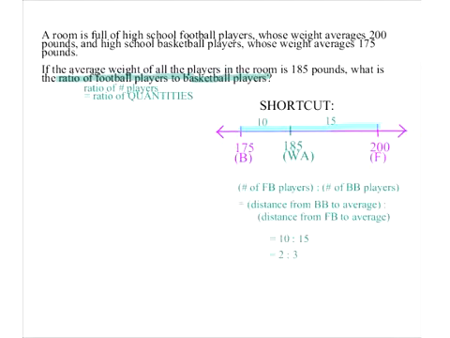We don't have to use any algebra. We don't have to define any variables. We don't have to do anything funky at all. Notice also that if you have an intuition-based approach, you can also just realize that there have to be more basketball players because, let me go ahead and write this in the corner of the screen.